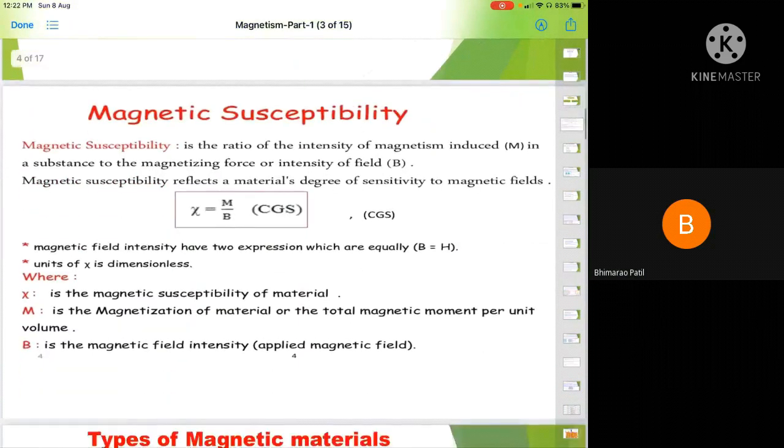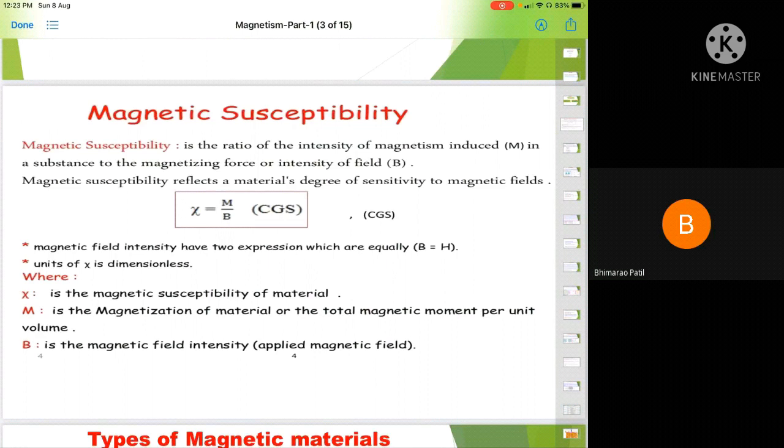Then the question arises in your mind, what is meant by magnetic susceptibility? Magnetic susceptibility is the ratio of the intensity of magnetism induced, that is M, in the substance to the magnetizing force or intensity of the field B. B may also be represented by H. Then the magnetic susceptibility, chi, is equal to M upon B in CGS units.